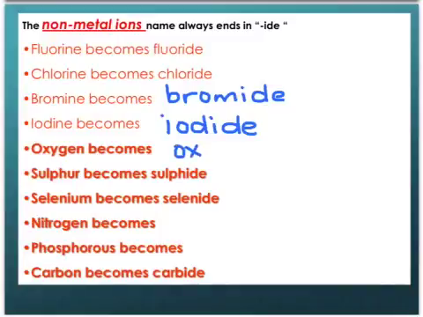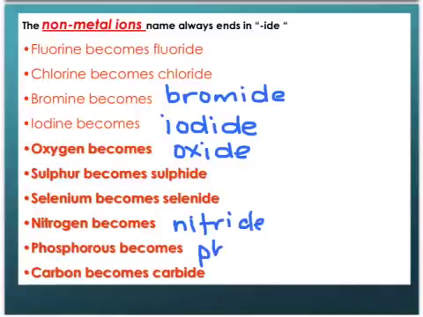Oxygen becomes oxide, sulfur becomes sulfide, selenium becomes selenide, nitrogen becomes nitride, phosphorus becomes phosphide, and carbon becomes carbide. These are the endings you need to become familiar with in order to name ionic compounds.